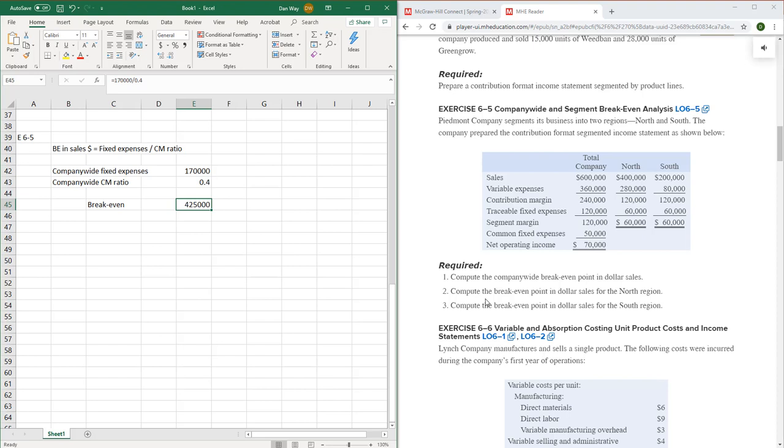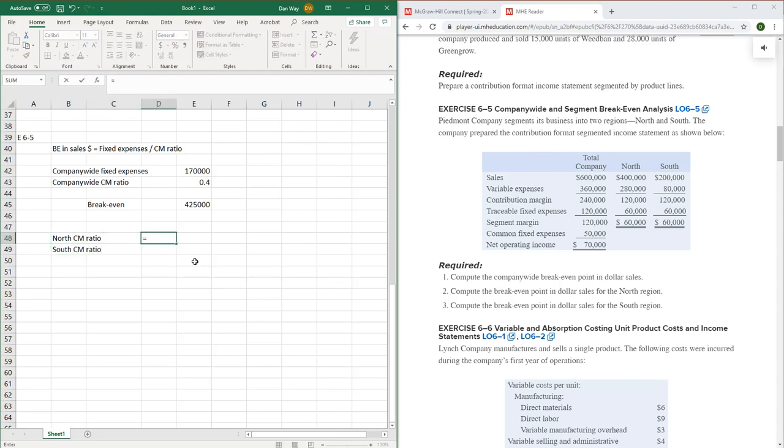Part 2 said calculate the break-even point in dollar sales for the North region. So essentially the same calculation, we just want to be careful about which fixed expenses we include and which CM ratio we use. So let's come up with the North Division CM ratio and the South, since we're going to need it in a second here.